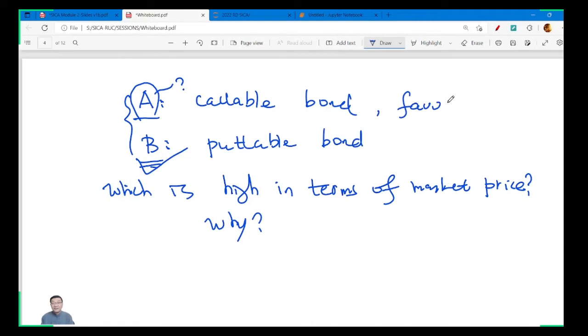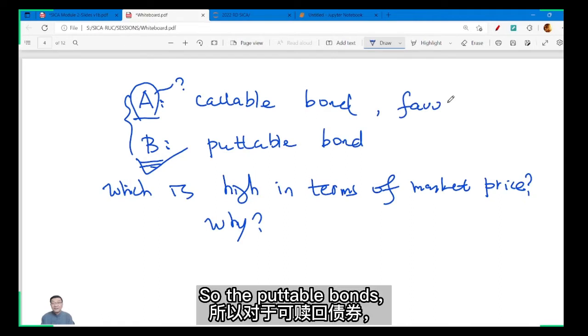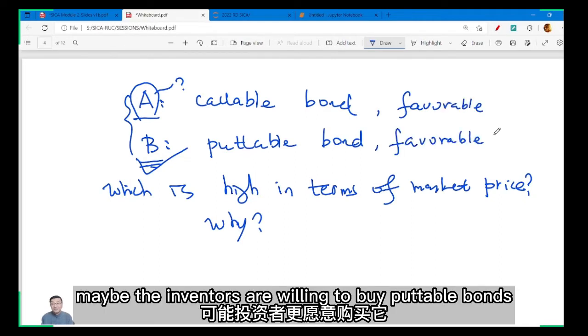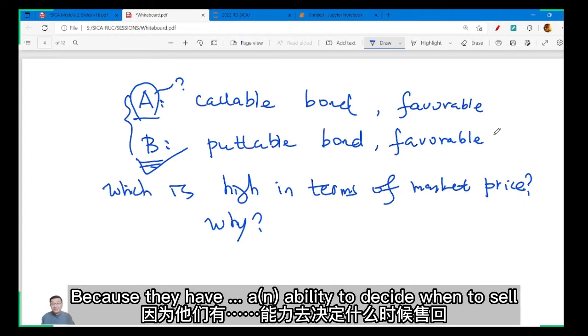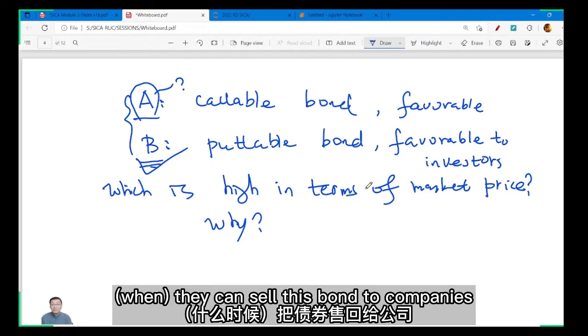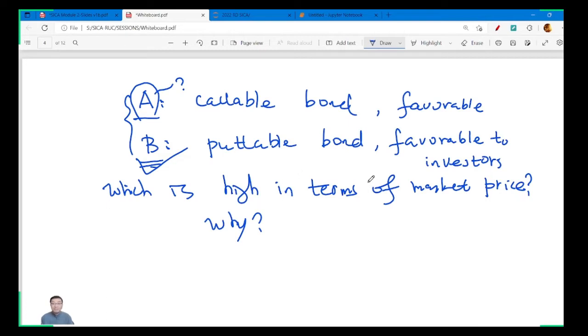So investors are willing to buy puttable bonds because they have more ability to decide when to sell, if they can sell this bond to the company. Yes, you're right.